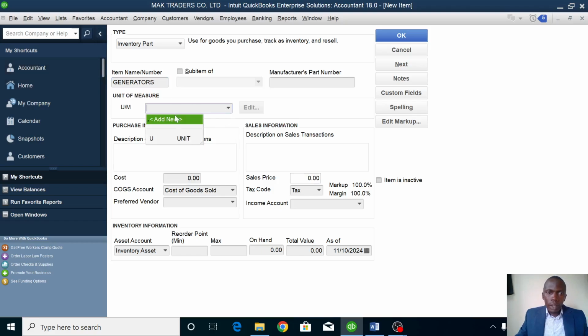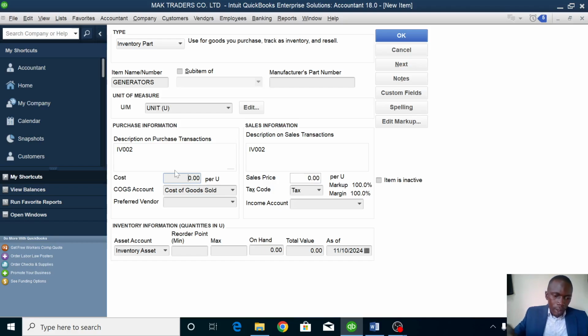Our unit of measure is unit. Our description is IV 002. The cost is 2,700,000. Then the selling price is 3,500,000.